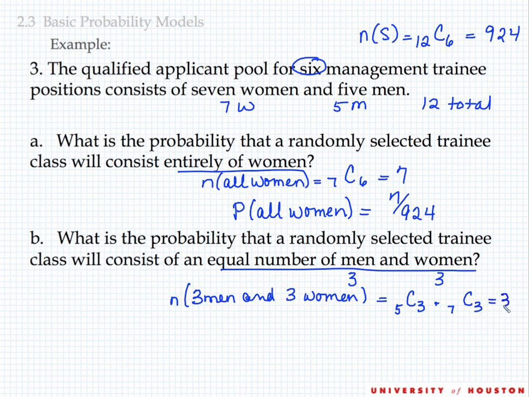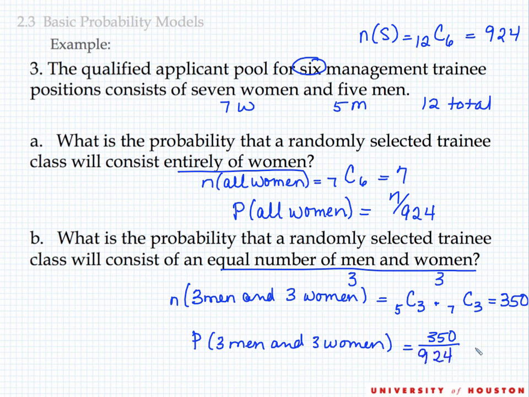This comes out to 350. So the probability of 3 men and 3 women would be 350 divided by the total in my sample space, which is 924. This is approximately 0.379.